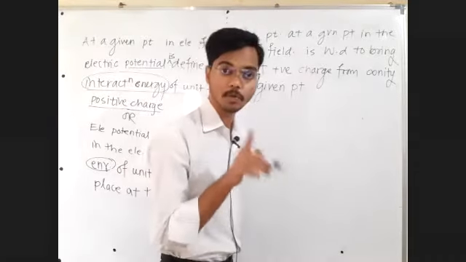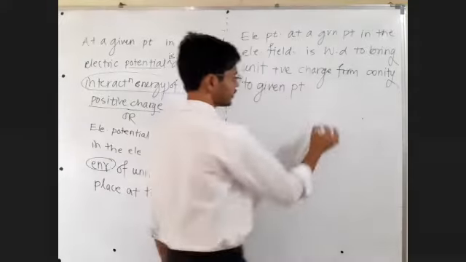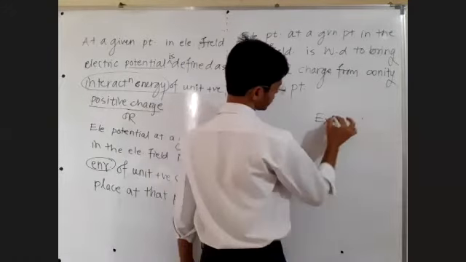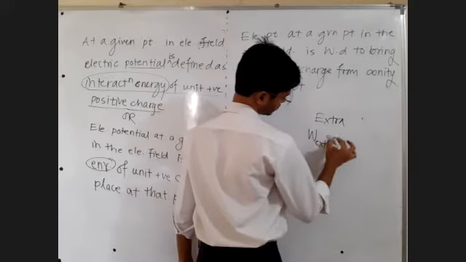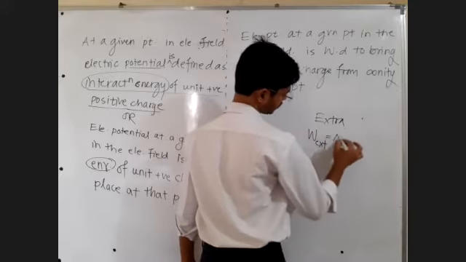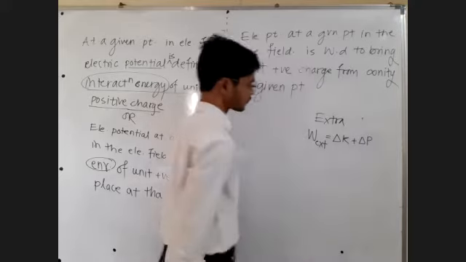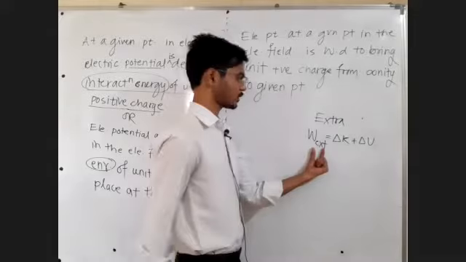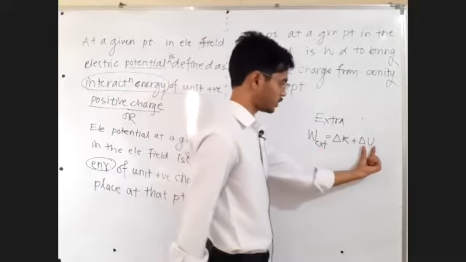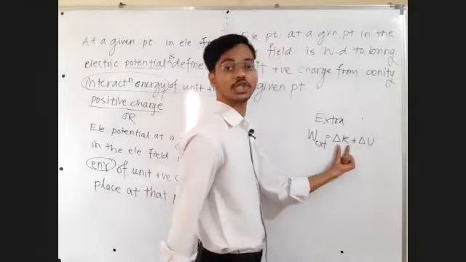This charge is to be brought. Work done can be equal to potential energy. Let me give you that extra point once again. Work done by the external force will be equal to changing kinetic energy plus changing potential energy. This work done can be equal to changing potential energy only if this kinetic energy change is 0.